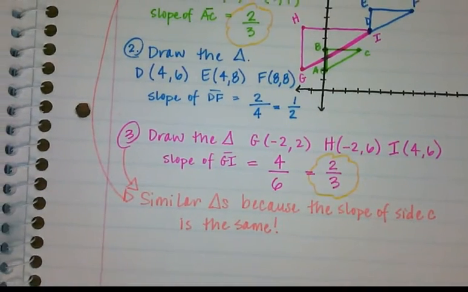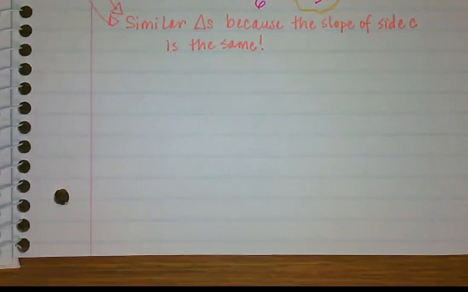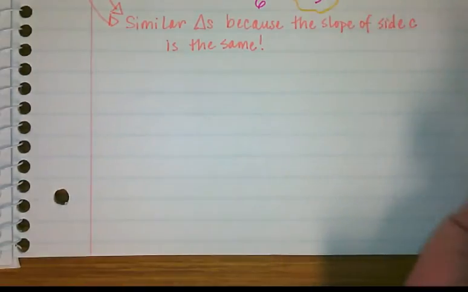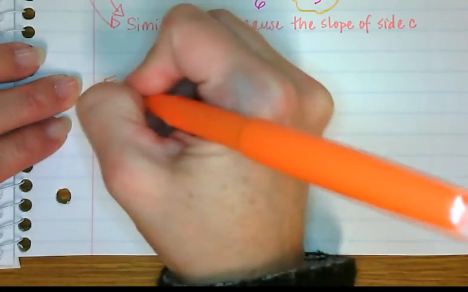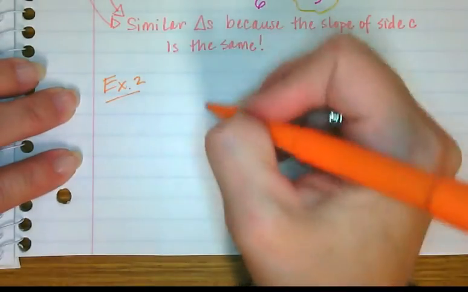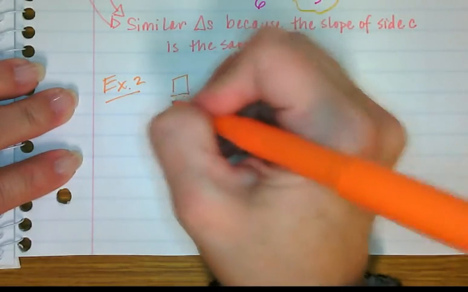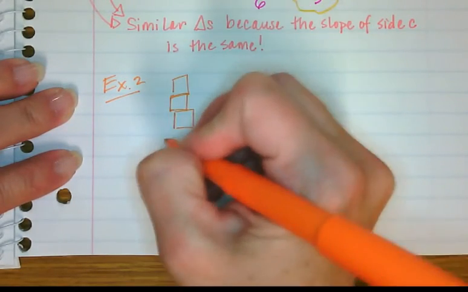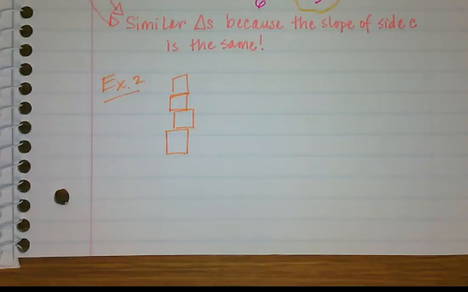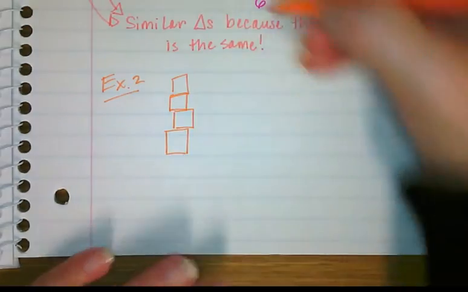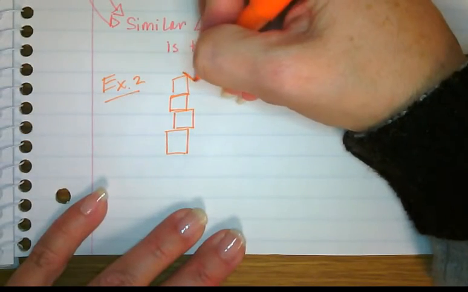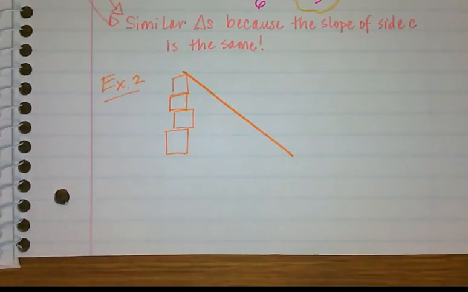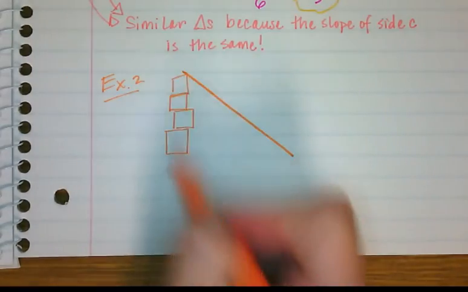All right, so moving on to the other part in this is if you are asked to just find the slope of something. So let's just pretend that you have a slinky. So this is going to be example 2 here. So let's say that you have a slinky and you're going to stack it on a bunch of boxes. So you have this slinky and it is going to go down a board that you lean against these 4 boxes here.